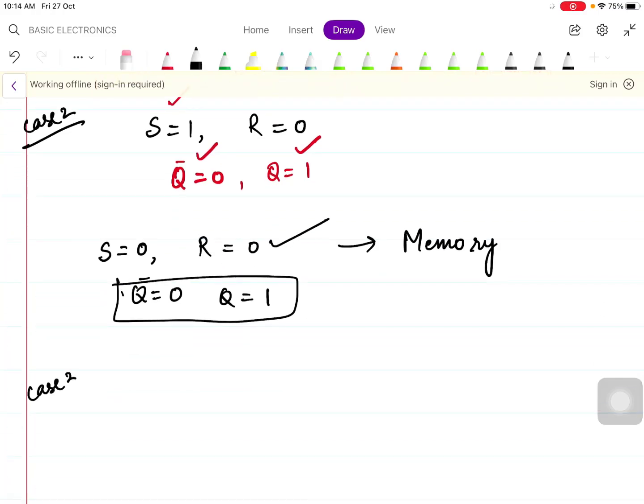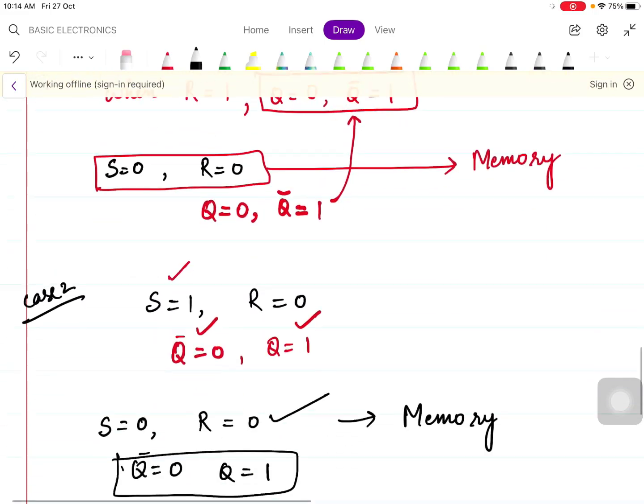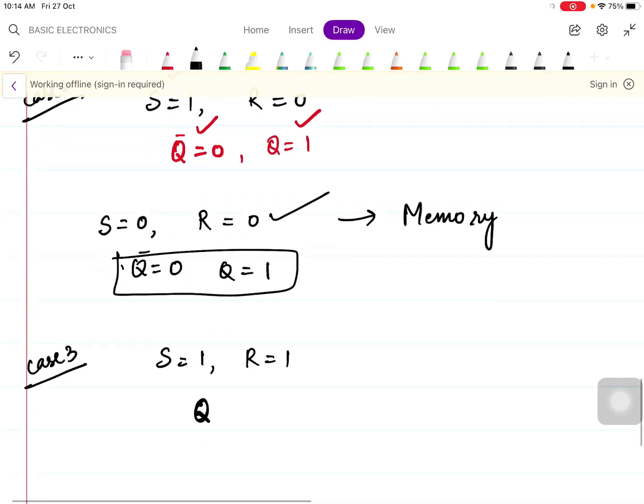Now let us consider case 3, where both S is equal to 1 and R is equal to 1. When any of the inputs of the NOR gate is 1, we have already seen that the output is surely equal to 0. So both outputs come out to be 0, that means Q and Q bar are both equal to 0.